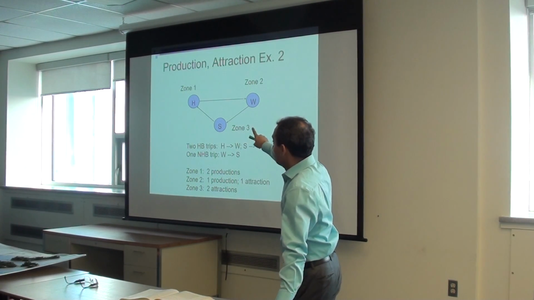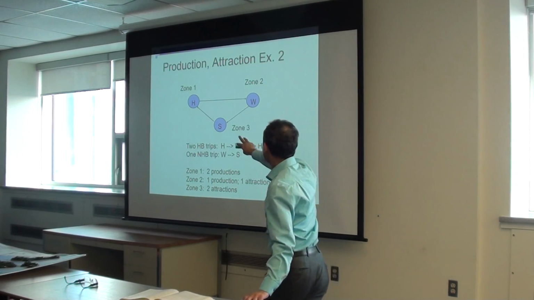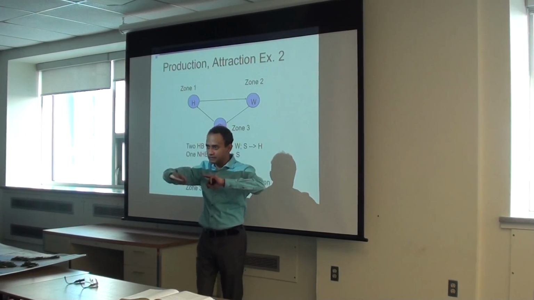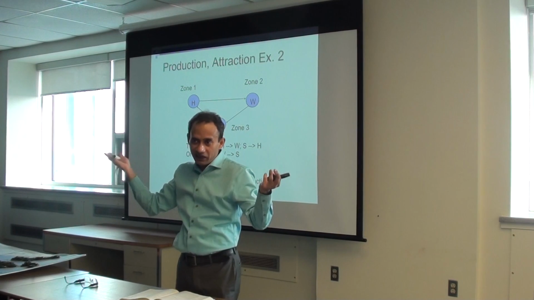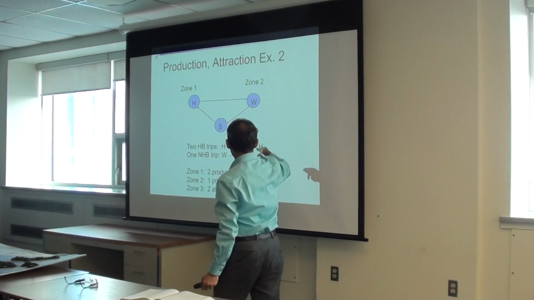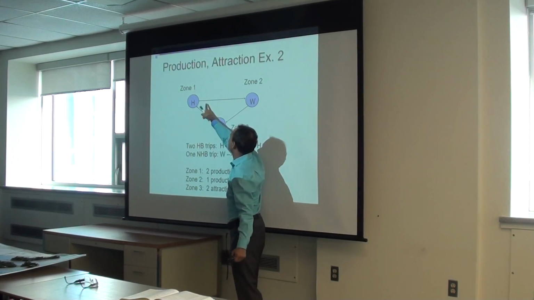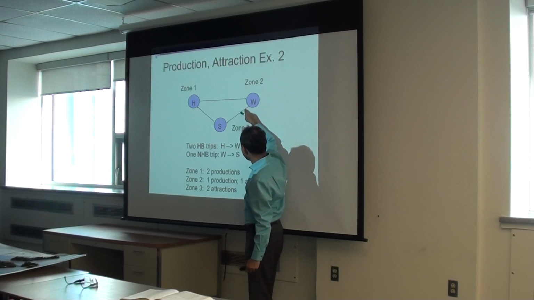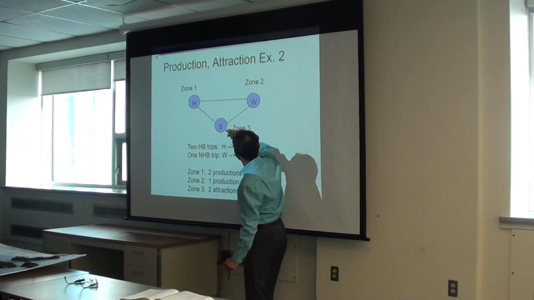So the home zone is producing two trips, because these are both home-based trips. Whenever a home-based trip has an anchor of home, that's a production for that zone. Clear? Simple. And for the work zone, you are attracting someone to come to your zone, right?